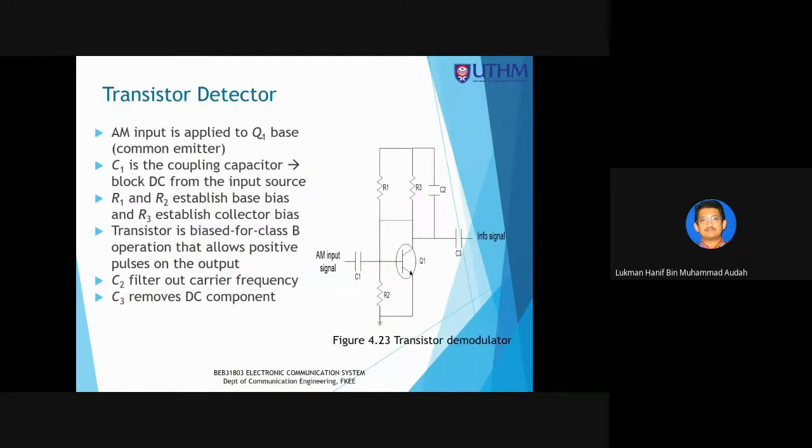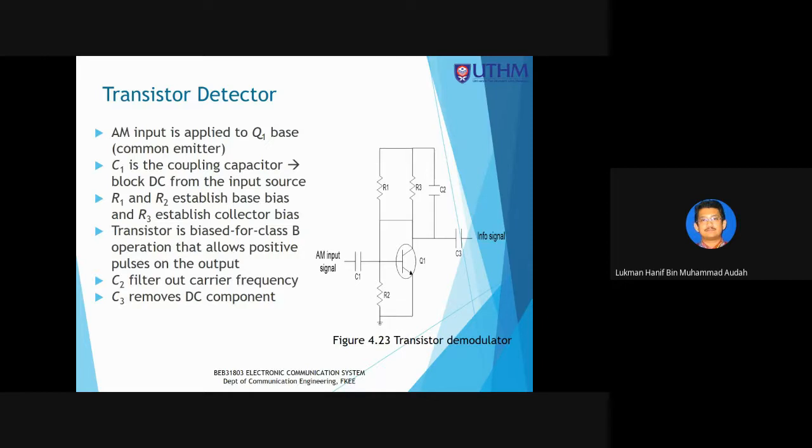Seterusnya kalau kita lihat ada lagi yang kedua iaitu transistor detector. Okay, transistor demodulator. So transistor demodulator, this is another type of demodulator.